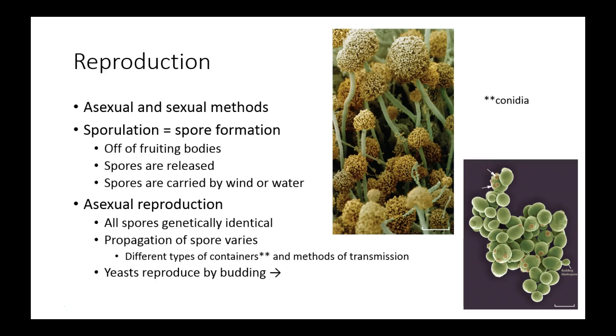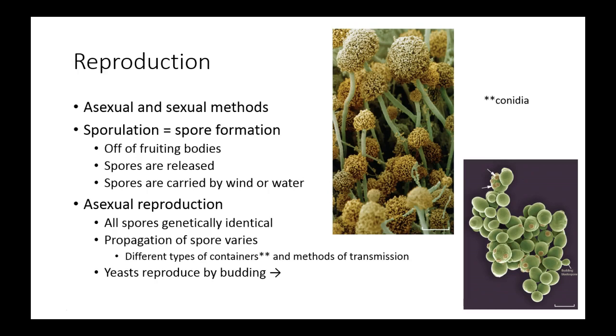If it's a sexual method, then there has to be a formation of something called gametes, and those gametes contain half of the DNA or half of the chromosomes in a cell, so that when one gamete combines with another, they form the full set of DNA, or the full amount of chromosomes. In humans, you can think of egg and sperm, so it's similar to that, as far as those containing half of the amount of DNA.